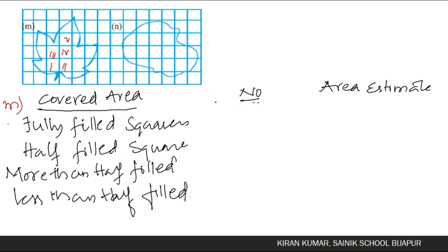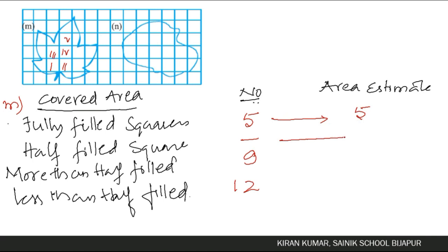There are only 5 squares which are fully filled. How many are half filled? Here exactly half filled, you can't find it. How many are more than half filled? There are 9. How many are less than half filled? There are 12.